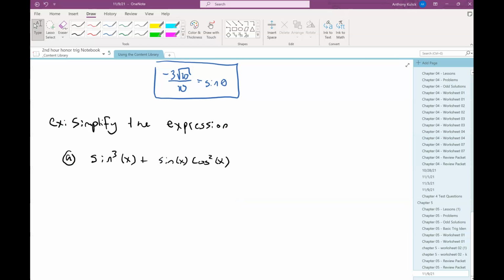On this problem, I noticed that I have two terms, right? Everybody see that? In those two terms, I notice that I have a greatest common factor. What is the greatest common factor between these two terms? Sine x.